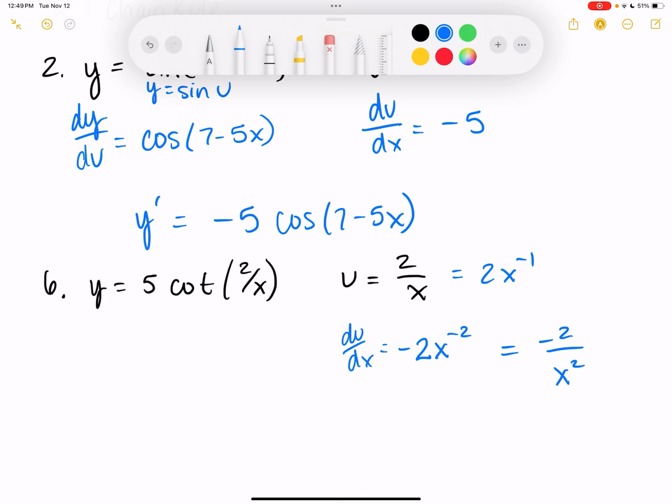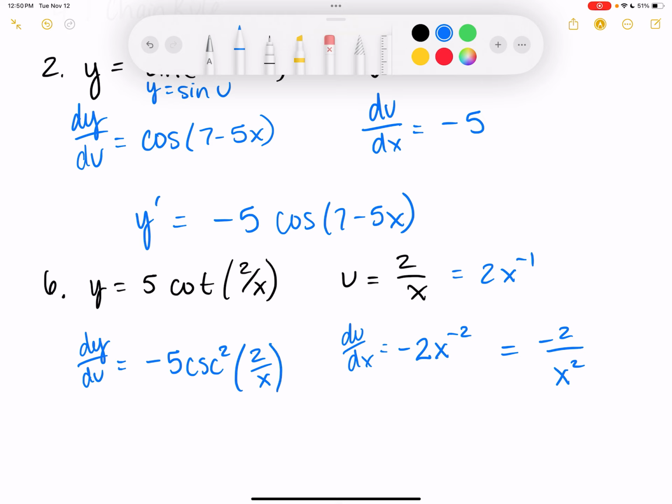What is the derivative of 5 times the cotangent of u? So dy/du. Negative secant squared. Do we keep the 5? Yes, but it's not secant, I mean cosecant. So -5 cosecant squared of, and then in parentheses instead of x, it's whatever that u value is, 2 divided by x.